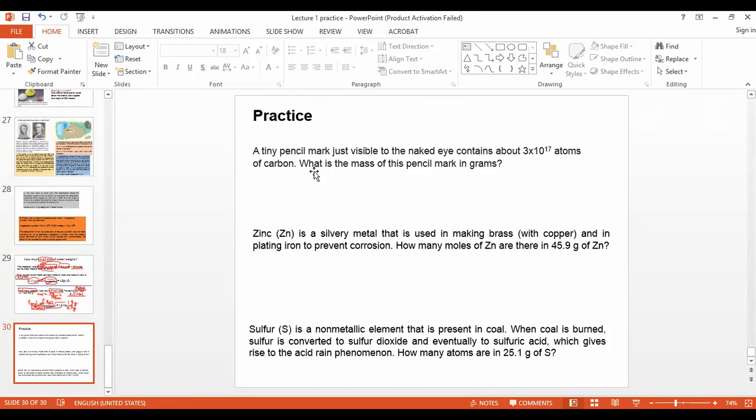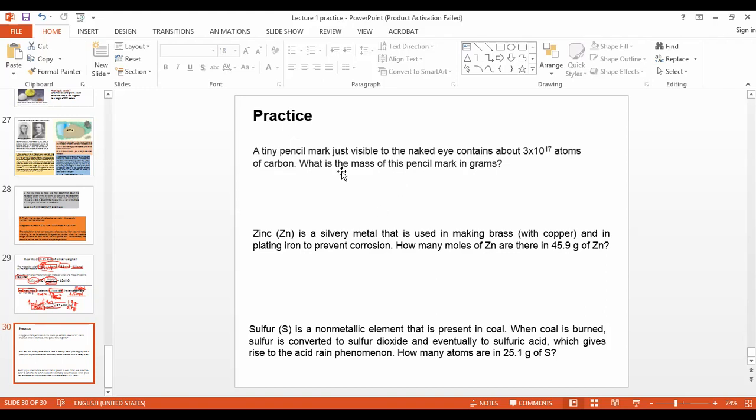Okay, so I want you to practice this at home, because it really strengthens your knowledge. Something similar we might have in the exam.